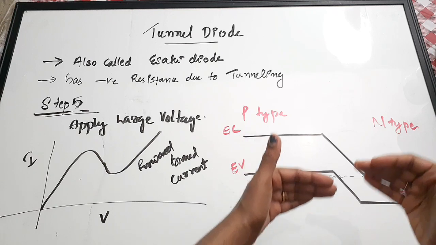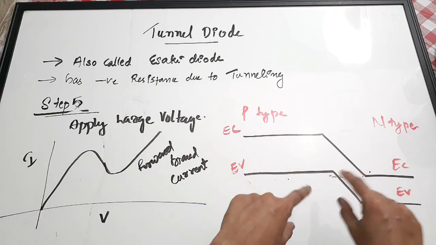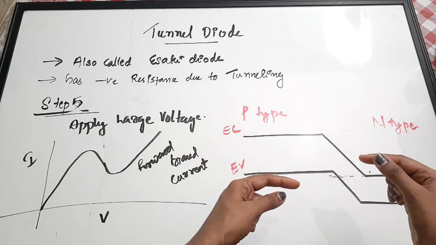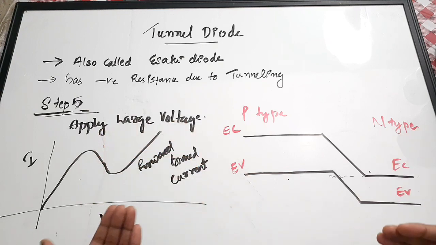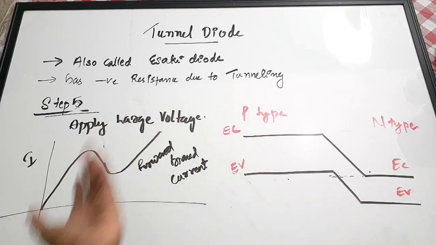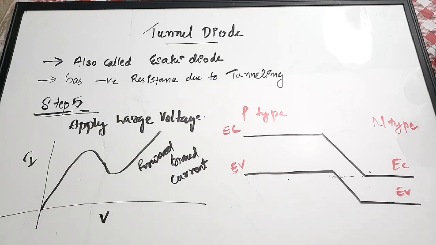Initially there is a slight misalignment which we align by applying slight voltage, but if we go on increasing the voltage, misalignment happens again, and then a large misalignment, and then it will act like a normal PN junction diode due to the large voltage applied. So these are all the important things in the working of a tunnel diode.